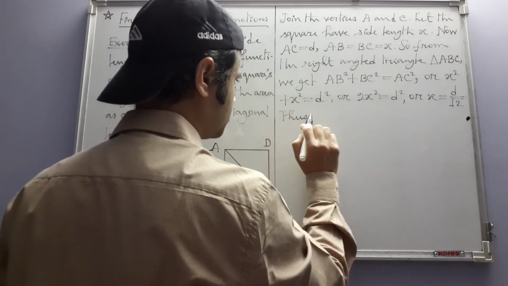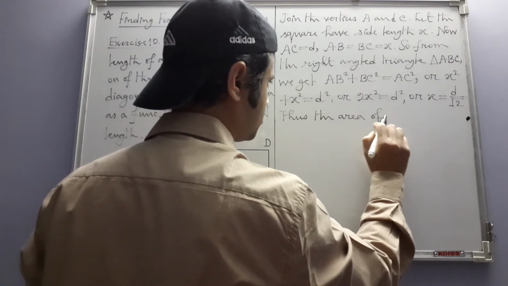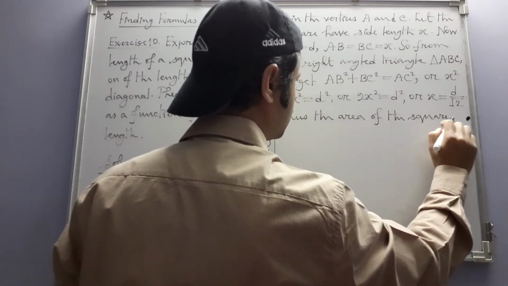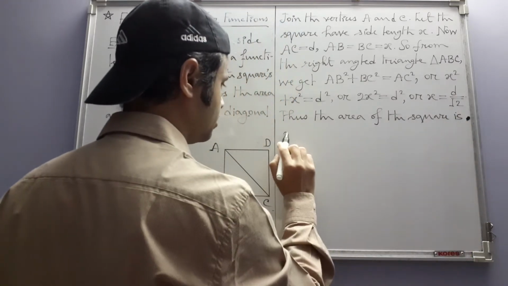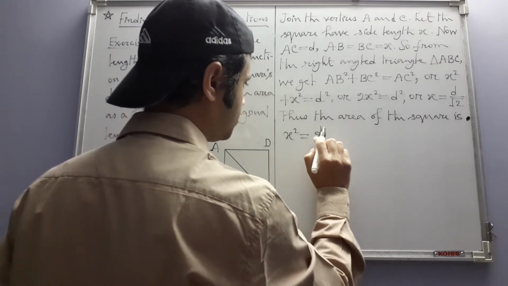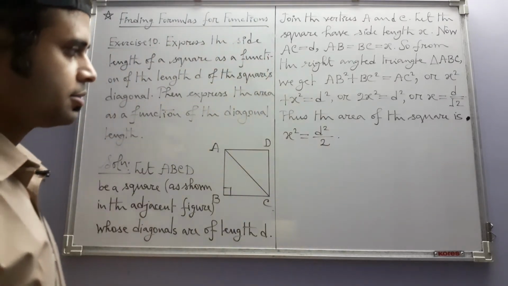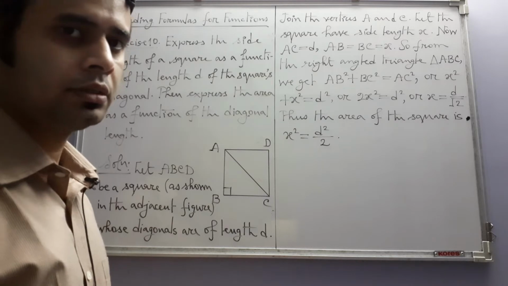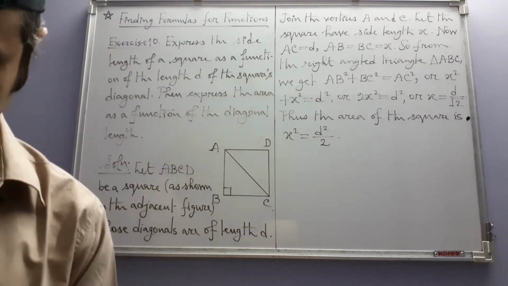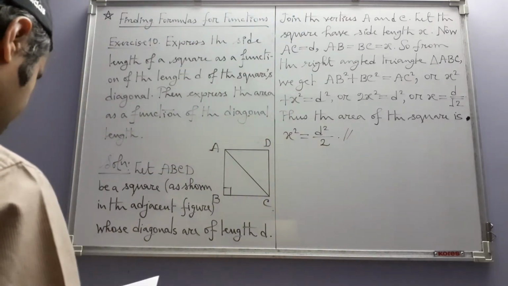Thus, area of the square is x square, which is equal to d square divided by 2. So that means the area is half of the square of the diagonal length. So this completes the solution.